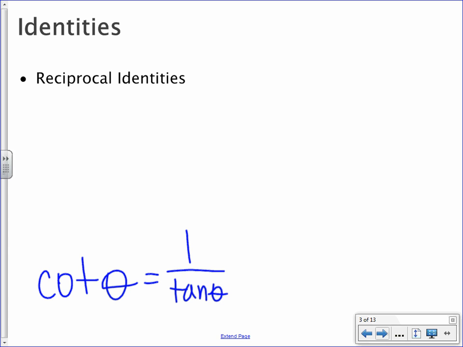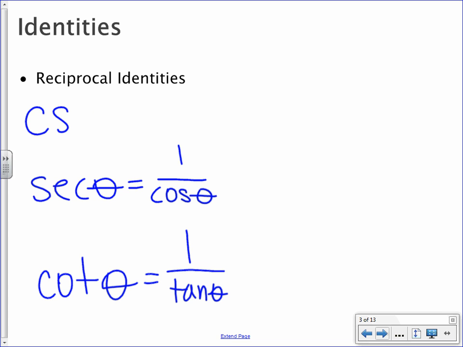What else? Secant. And secant is 1 over cosine. And cosecant, which is 1 over sine. You've known these, but now I'm telling you what they are.